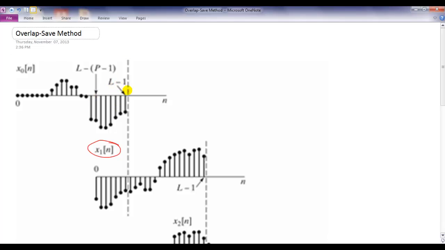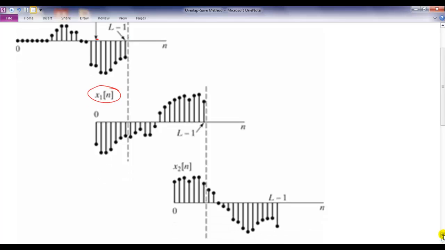So we ended here in the previous version. We now start here, and we compute a length L block. Similarly, we go down. The next block, we had ended here, but instead of the next block starting here, we'll start the next block P minus 1 samples behind. So there are always P minus 1 samples that we start behind where we ended the previous block.